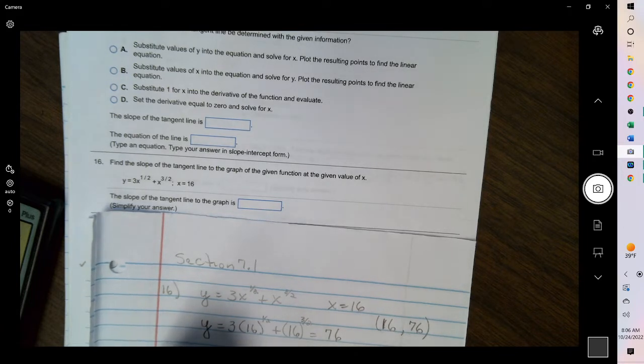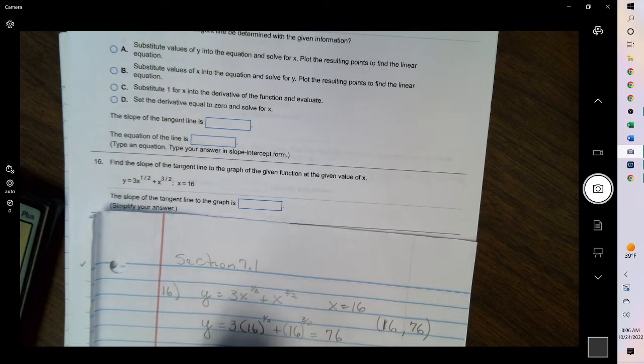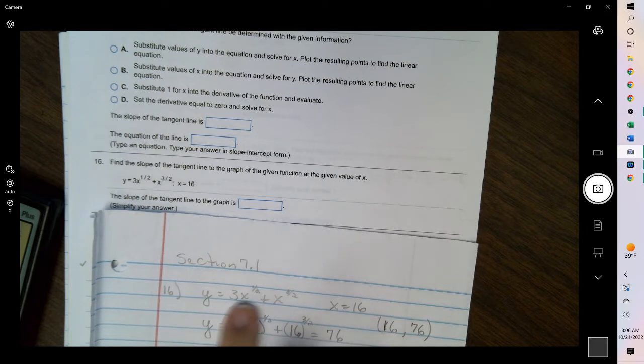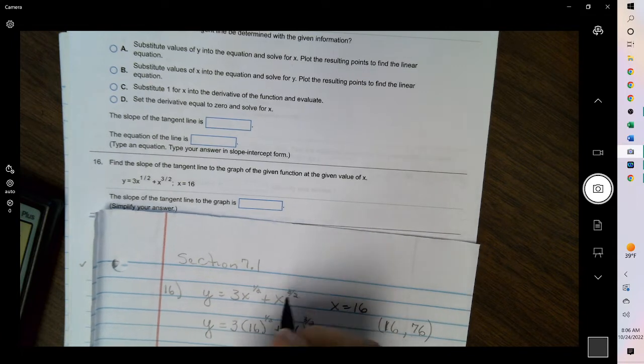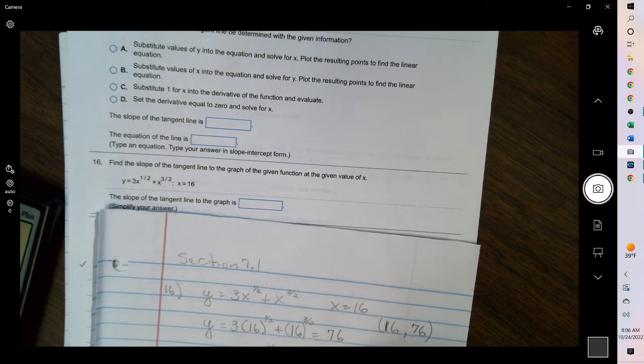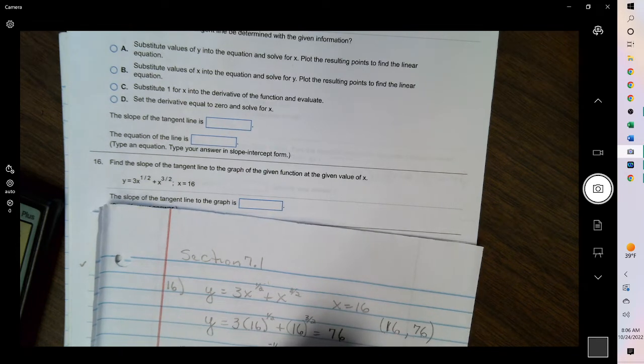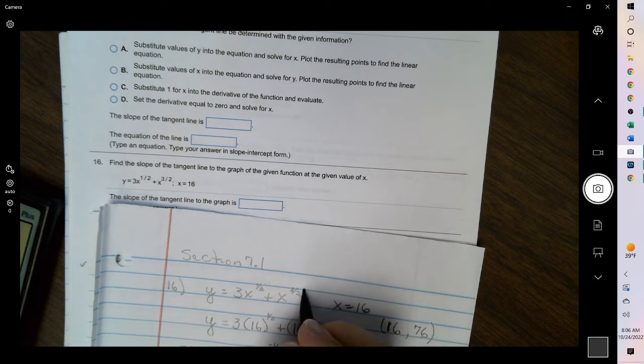The slope of the tangent line is the derivative. So we take the derivative. 1/2 times 3 is 3/2 x, and when we subtract 1, gives us a negative 1/2, plus, bring this down 3/2 x, and when we subtract 1, we have 1/2.